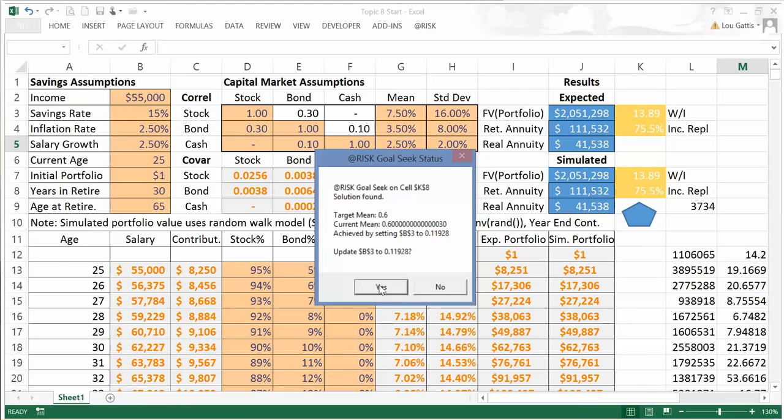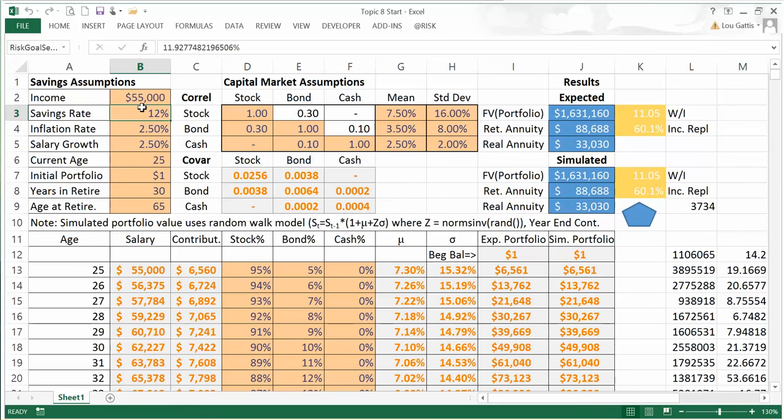We'll hit yes. And it looks like the answer is save 12%.